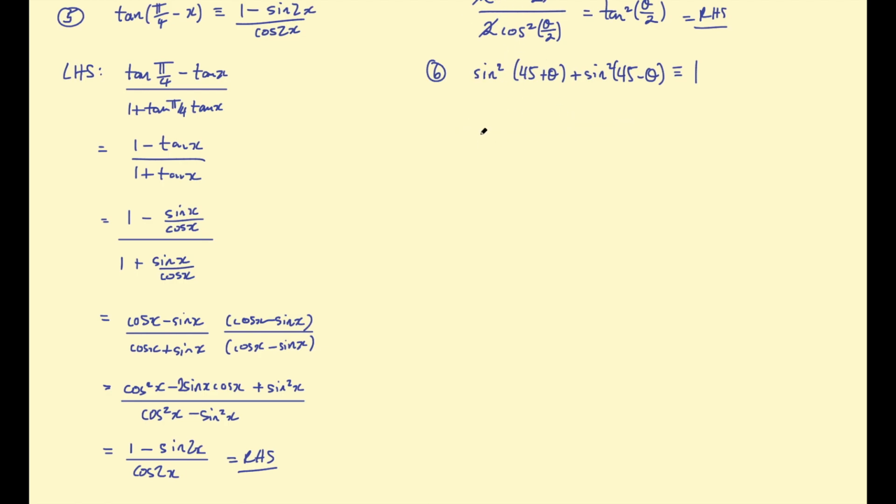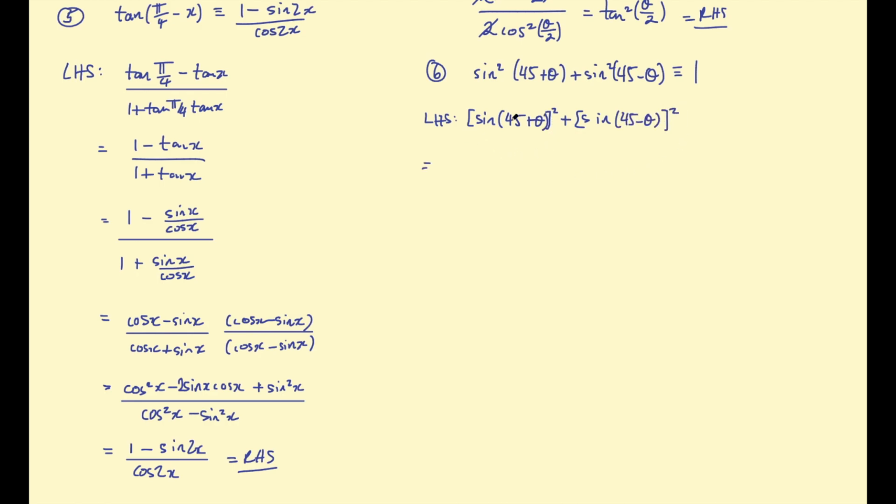So you need to think of this as sine of 45 plus theta all squared. Then you can use the identity to expand out that function and then square it. So you can see there's going to be a fair bit of work involved here. So on the left hand side, start with that. As I said, I'm going to think of this as sine of 45 plus theta all squared, and then this one's going to be sine of 45 take theta all squared.